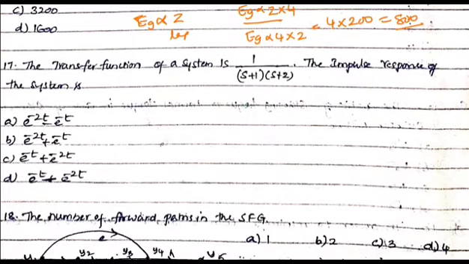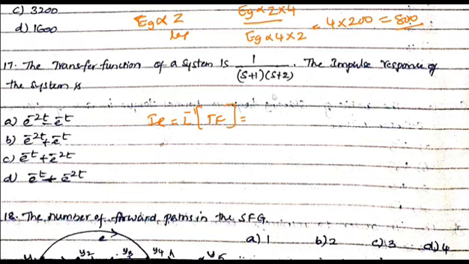Next one, the transfer function of a system is 1 by (s plus 1) into (s plus 2). The impulse response of the system is the inverse Laplace transformation of the transfer function here.